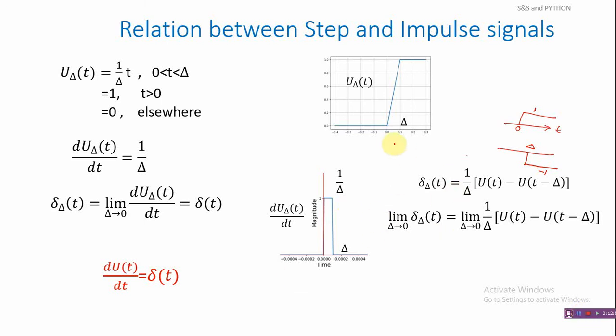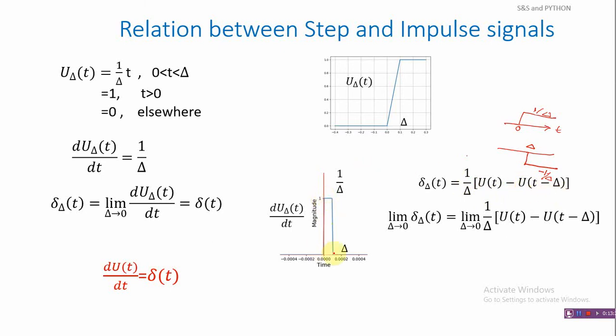Minus u of t minus delta is a step signal shifted to t equal to delta and having magnitude minus 1. When we add these two, we get a pulse of width delta. Let me take the strength as 1 by delta, not a unit step, it is 1 by delta.